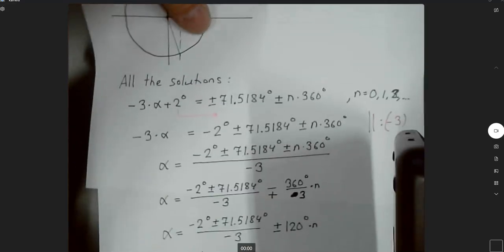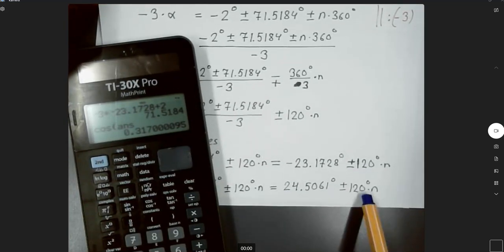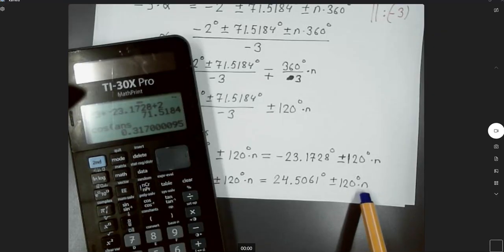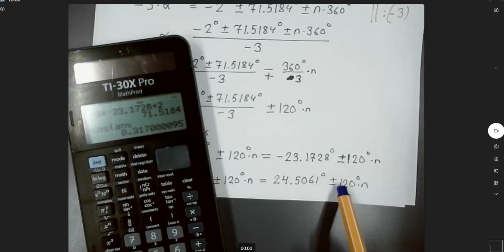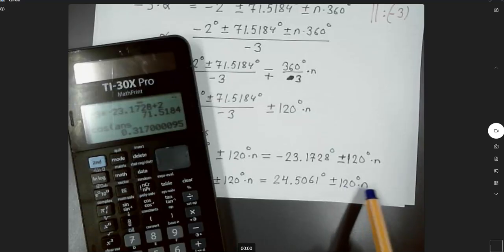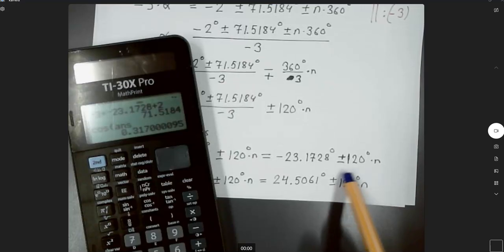And let's take another example for this value. I will choose n to be 10. So if n equals 10, then 120 times n is 1200 degrees.